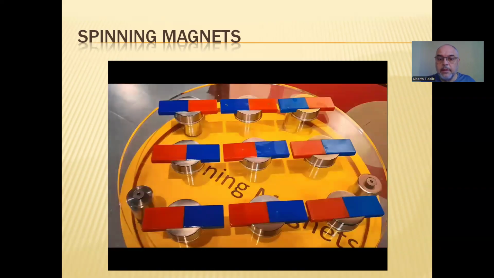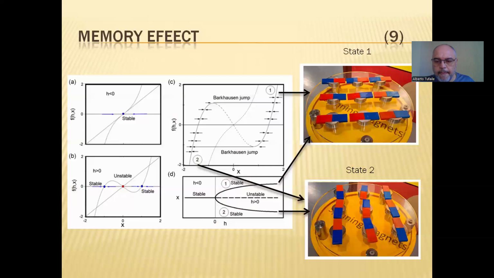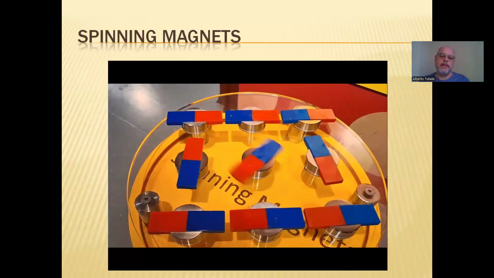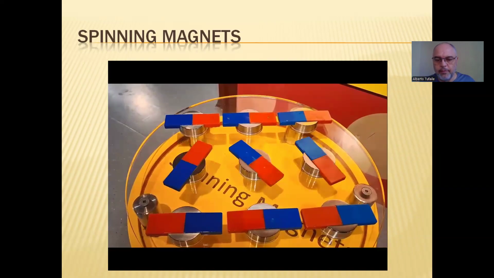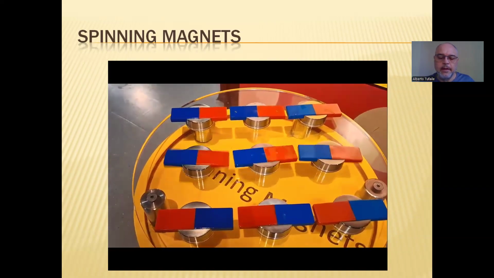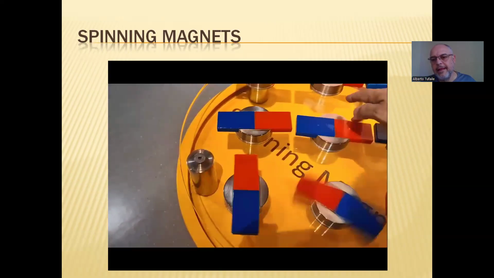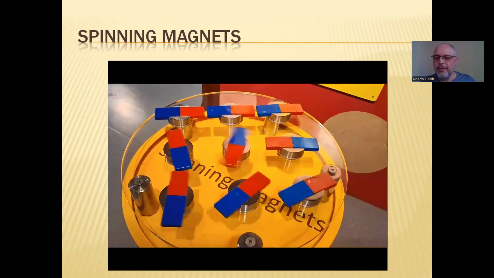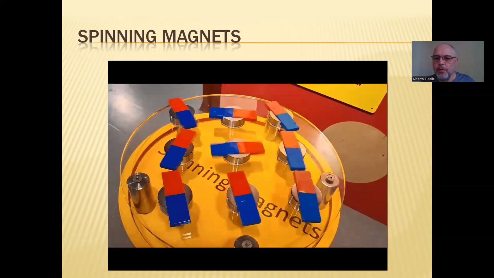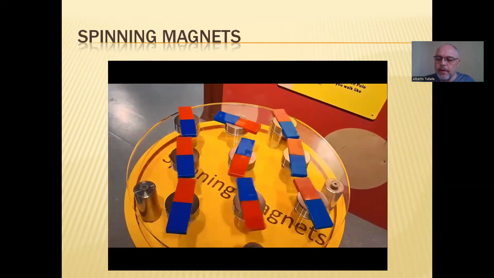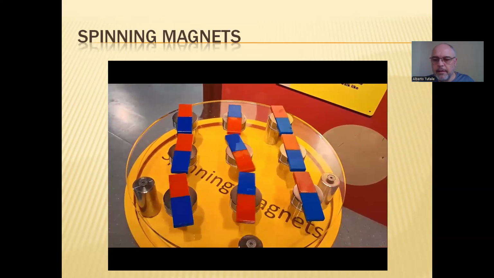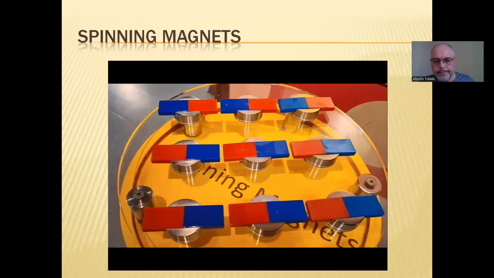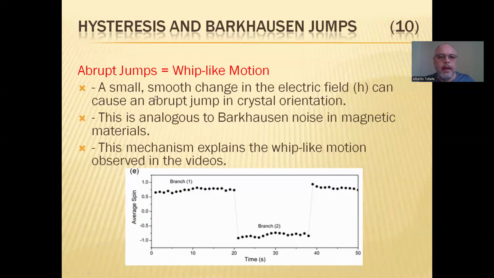We disturbed the system here, and let me show you again these simulations with these spinning magnets. The idea here is that you don't need a strong external magnetic field. The system itself creates these orientations. So we have hysteresis and Barkhausen jumps.